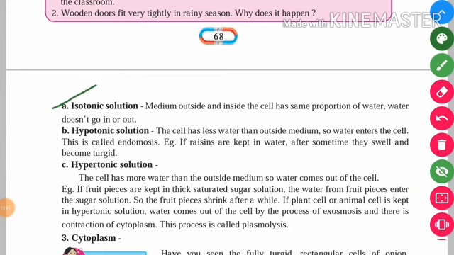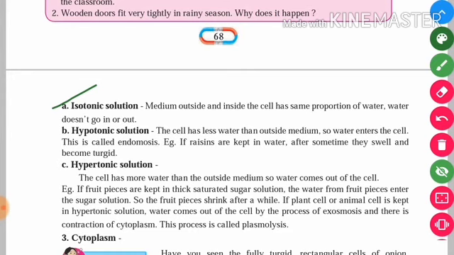Isotonic solution means the medium outside and inside the cell has the same proportion of the water. Water does not go in or out. Isotonic solution म्हणजे the medium outside and inside याची लेवल कशी आहे, सेम आहे, त्याच्यामुळे water does not enter or get out.